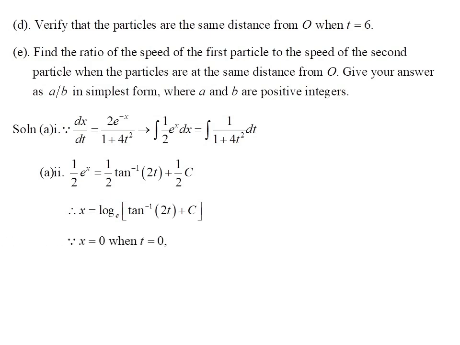Since x equals 0 when t equals 0, 0 equals logarithm base e of the sum of arctangent of 0 plus c, which gives c equals 1. Therefore, the function x of t equals logarithm base e of the sum of arctangent of 2t and 1.